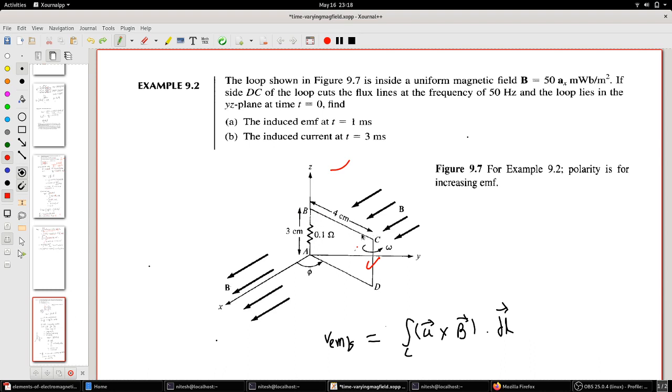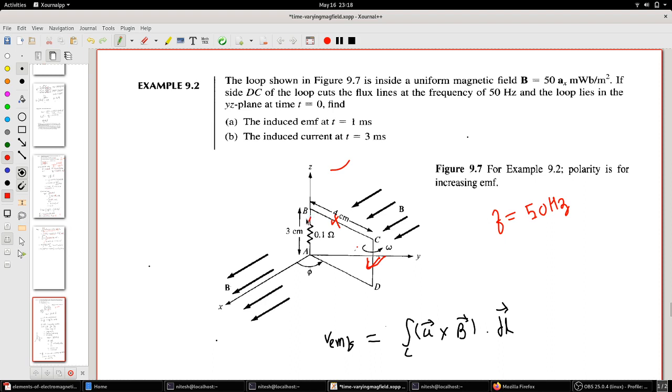So what we have to find out is, we are given omega, the frequency at which it is moving, given as 50 Hz. We are told that this particular side of the loop cuts the field. The other sides are assumed to be not cutting, so they will be having a u of 0.